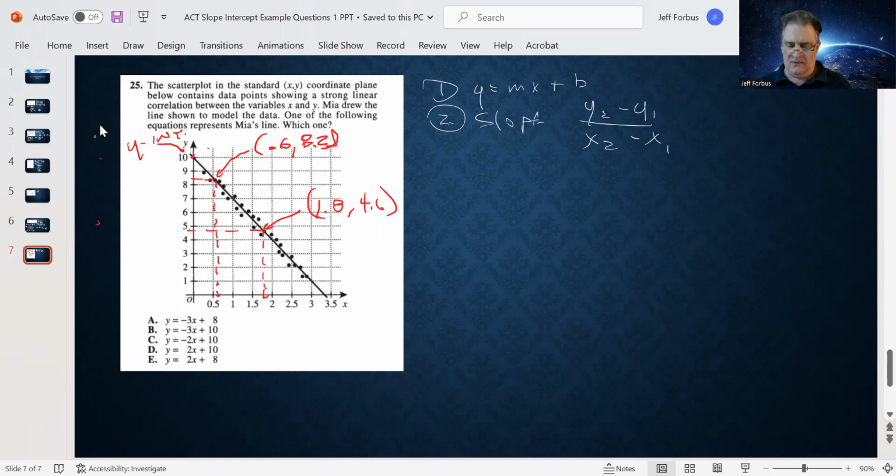I'm going to let 4.6 be y sub 2. So 4.6 minus 8.2 over our x sub 2, 1.8 minus 0.6.